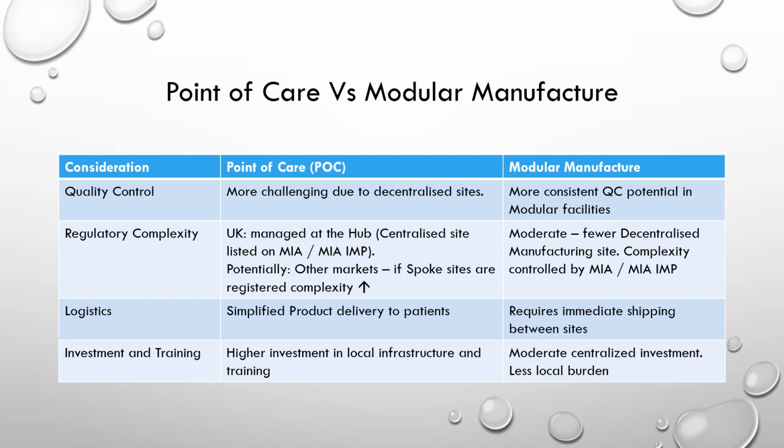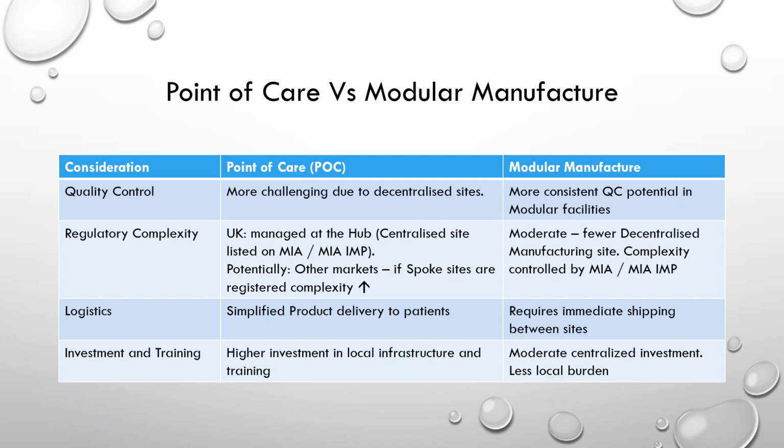So I think that it's more complex if there are a lot more point of care sites. So there's more to oversee for point of care compared to modular manufacture, where you would have fewer manufacturing sites, but the complexity is controlled by the MIA, the manufacturing authorization, or the license, or the MIA IMP.